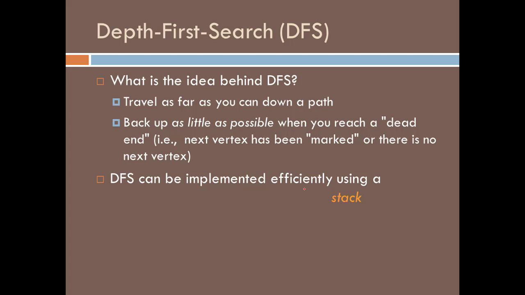Back up as little as possible when you reach a dead end, that is, the next vertex has been marked, or there is no next vertex. It means start from one point and keep going until you find a dead node, or a node which has no out degree or no out arrow, and then back up slightly and find the other path. DFS can be efficiently implemented using a stack.